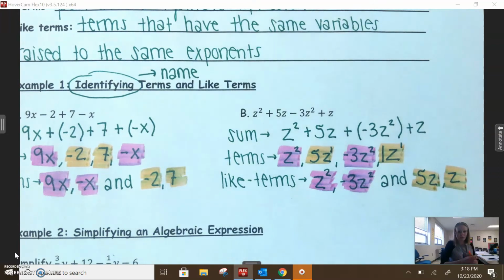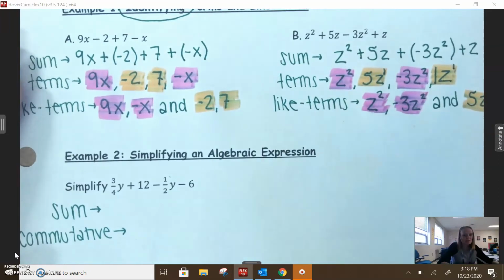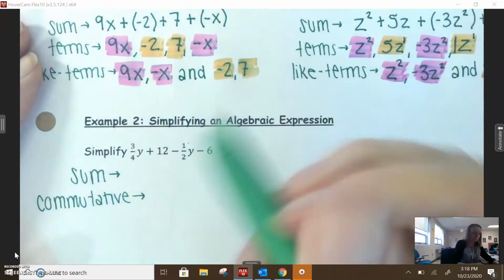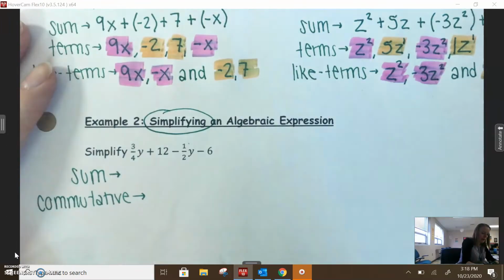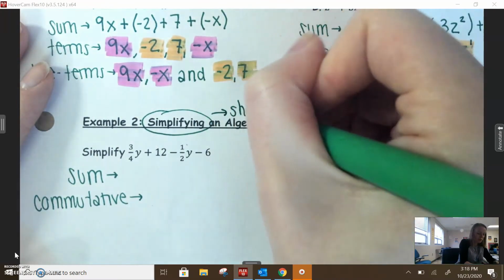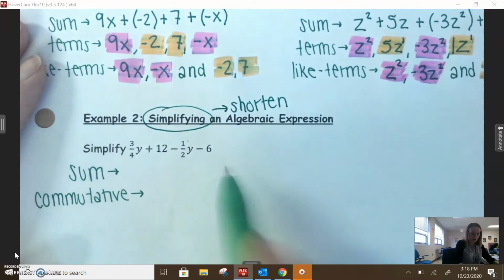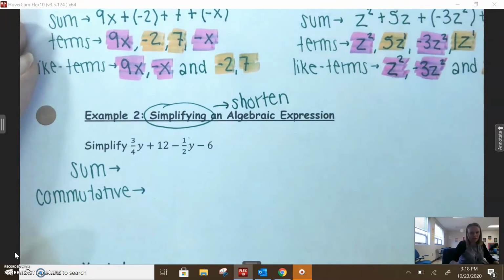Okay, so the second part of today's lesson is how to simplify an expression. So simplify, this is a different direction. Simplify really just means to shorten. So we're going to take something that's long and we're going to just make it short.